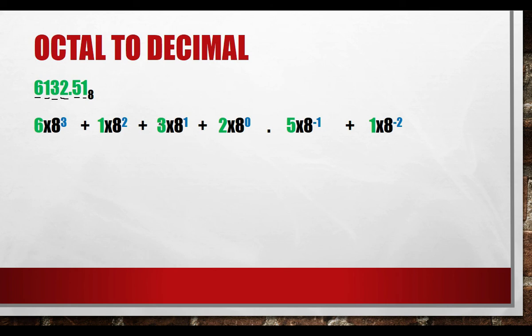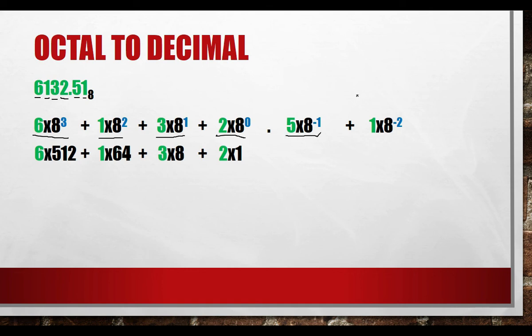And then let's simplify each of these. Let's start with this part. This becomes 2 times 1. Then this part becomes 3 times 8. And then this part becomes 1 times 64. And then the last one becomes 6 times 512. Now let's work on the fractional part. Let's start with this. 5 times 1 over 8 raised to 1, plus 1 times 1 over 8 raised to 2.